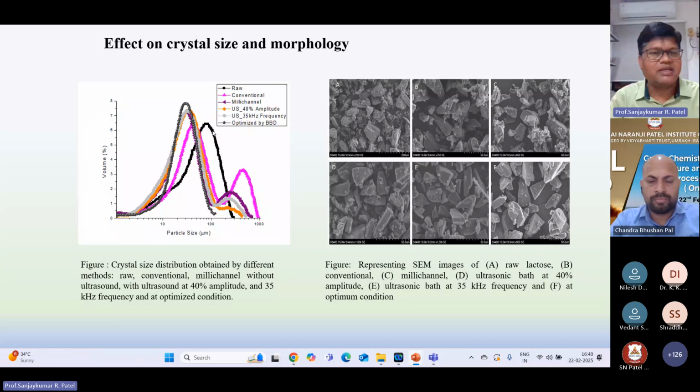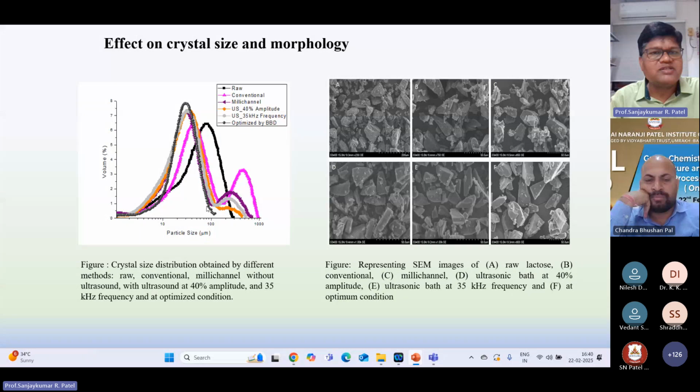Raw means just the marketed, purchased crystal, which we have plotted again over here. And through this ultrasound combined with the millichannel, this is the size distribution that we are getting, a more uniform size distribution.